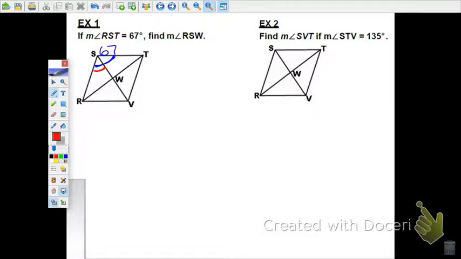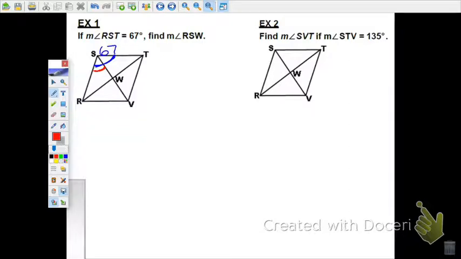So looking at those properties, how can I find the measure of angle RSW? Are they consecutive, so they have to be 180?